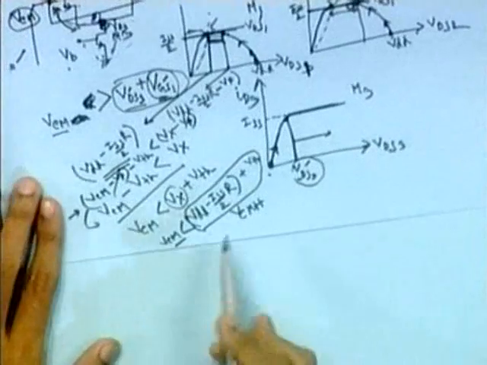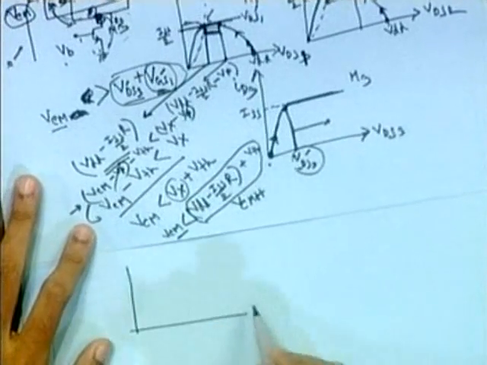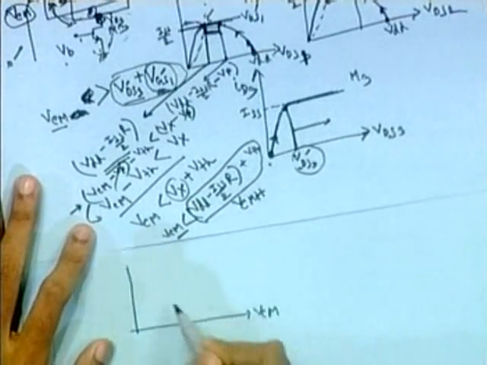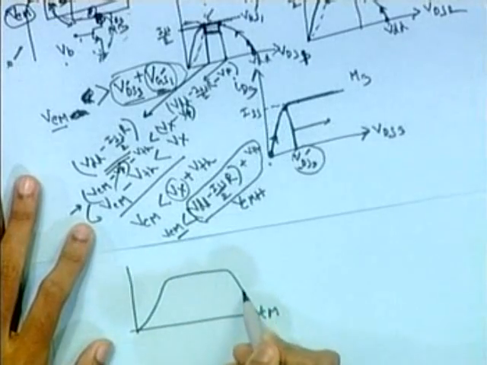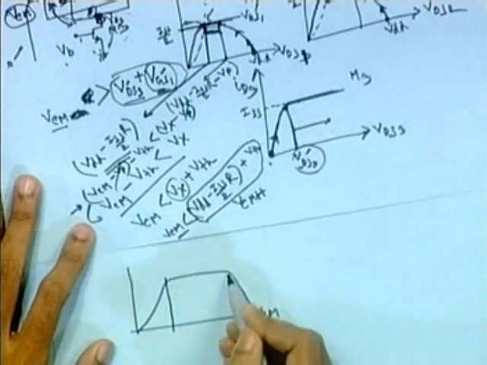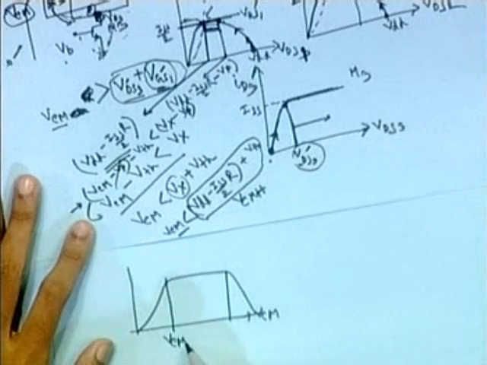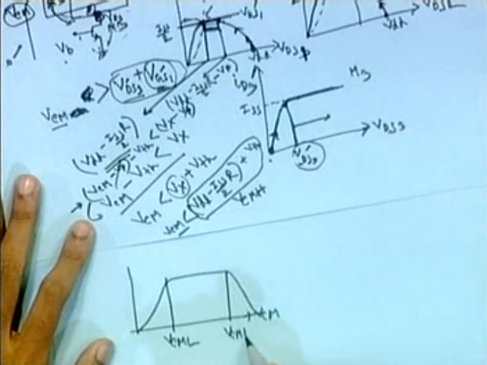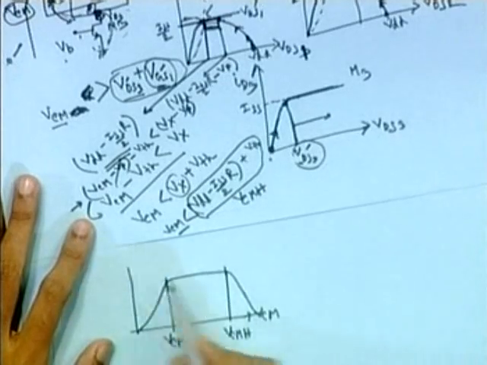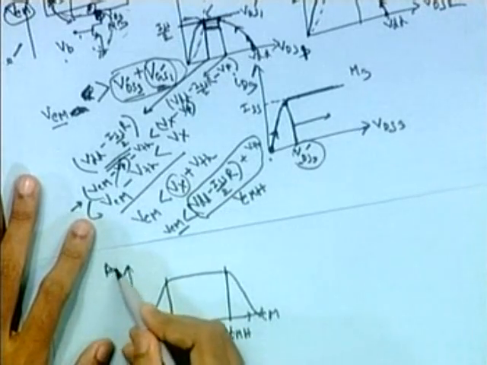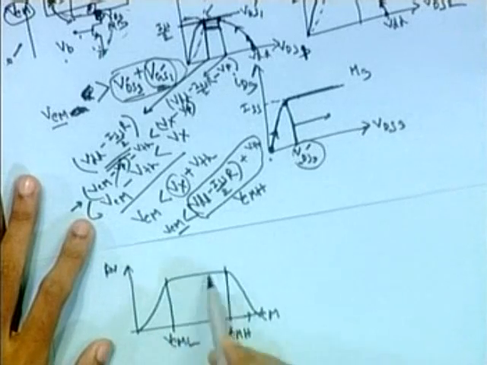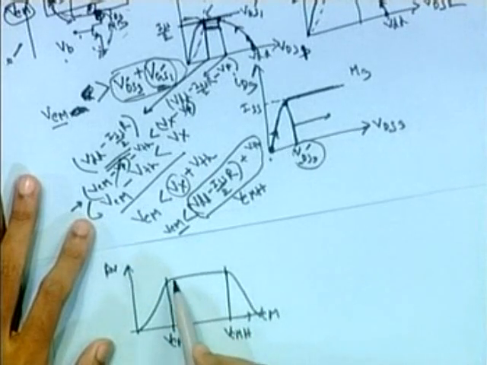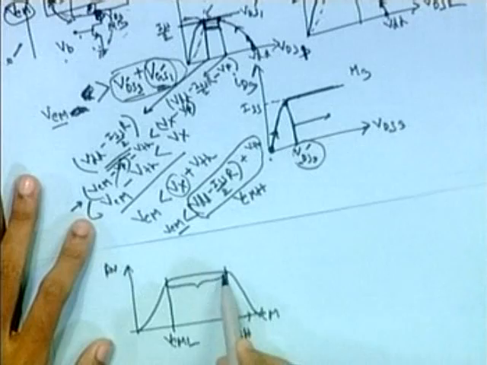If you plot VCM, it can vary between these two ranges, VCML and VCMH, and beyond this range the gain of this differential amplifier will be decreasing. So we always want to keep our diff amp to operate here.